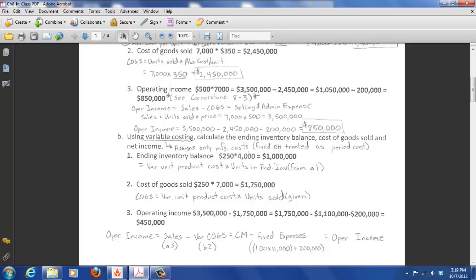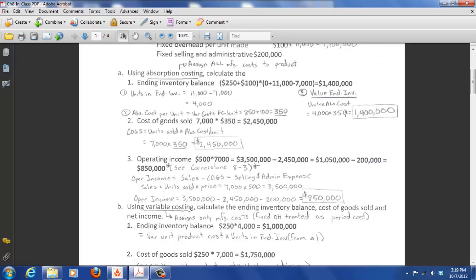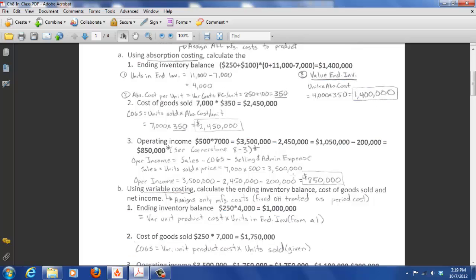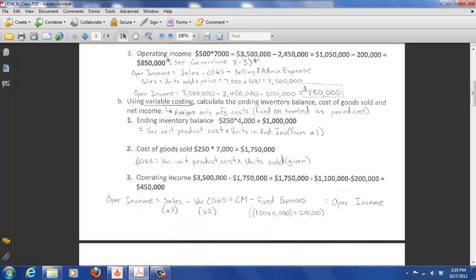We can see the multiplication here: our ending inventory balance is 1 million, whereas above it was 1.4 million. Second, we'll take a look at the cost of goods sold. Again, we're just using the variable unit product cost. From above, we know that we sold 7,000 units.